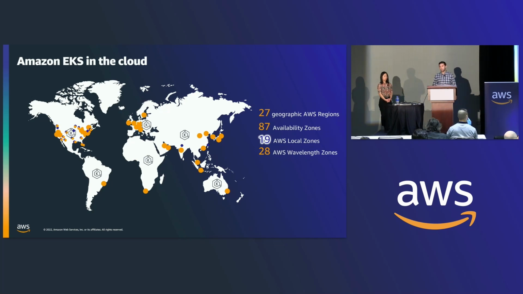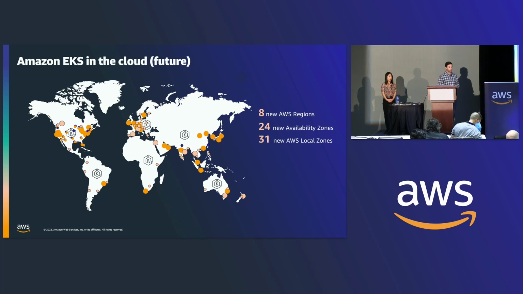We've also seen customers benefit from wavelength zones when they have either game streaming or AR and VR workloads, and they can reach their end users with millisecond connections. And we have wavelength zones with Verizon, SK Telecom, KDDI in Japan, as well as Bell Canada and also Vodafone.